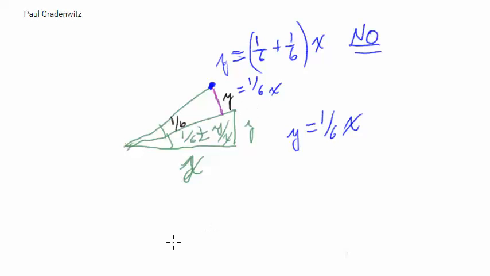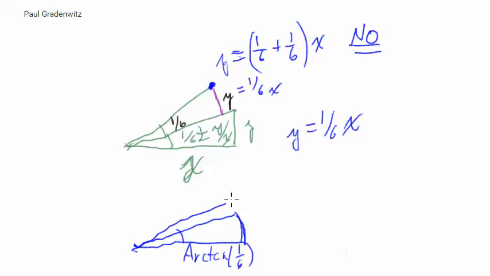No, we can't. But if we make these things into wedges and say this angle is arctangent of 1/6, and this angle is arctangent of 1/6, we can, at the end, say y equals r sine of arctangent of 1/6 plus arctangent of 1/6.